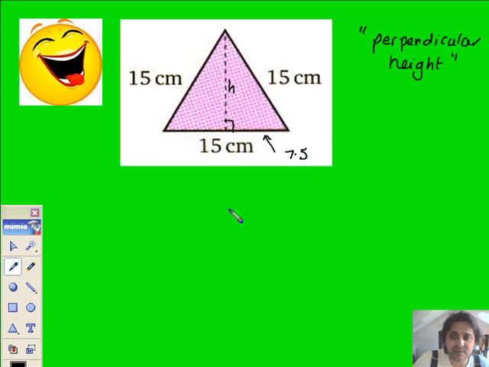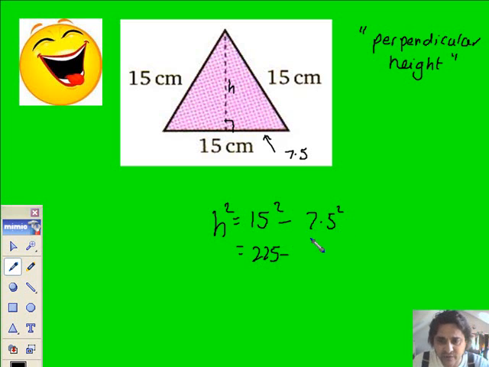Now we're going to work out the small side. So the height squared equals the hypotenuse squared, the big one, take away the half base squared. 15 15s are 225. 7.5 times 7.5 makes 56.25.